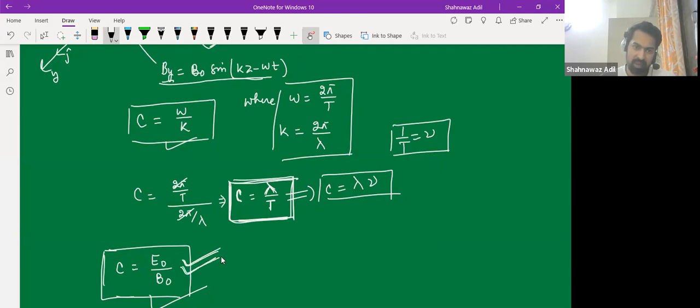How the amplitude of electric and magnetic field, the peak values, are related in an electromagnetic wave. Always remember this.